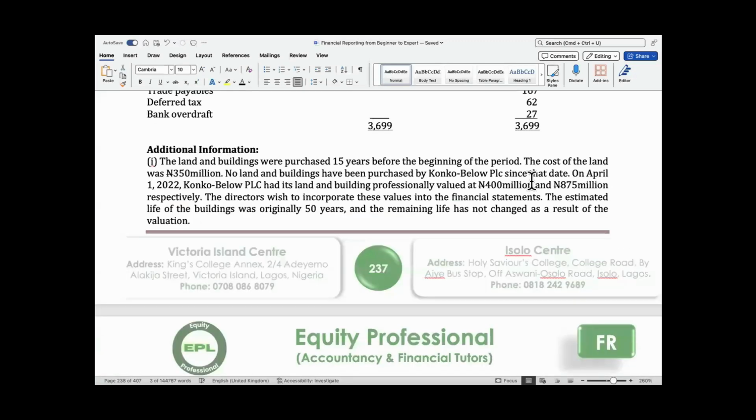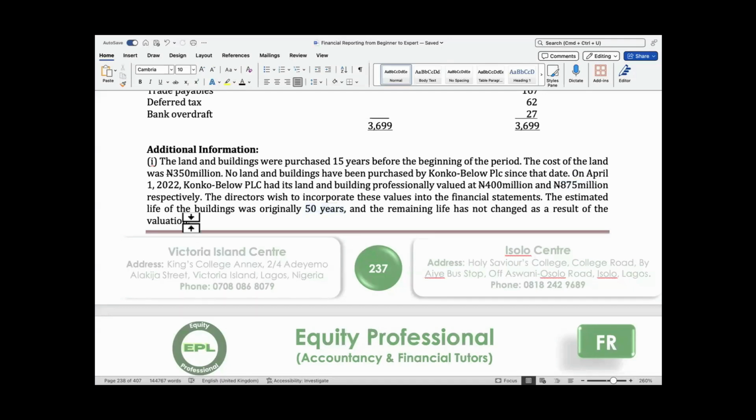The directors wish to incorporate these values into the financial statements. The estimated life of the buildings was originally 50 years, and the remaining life has not changed as a result of the valuations.